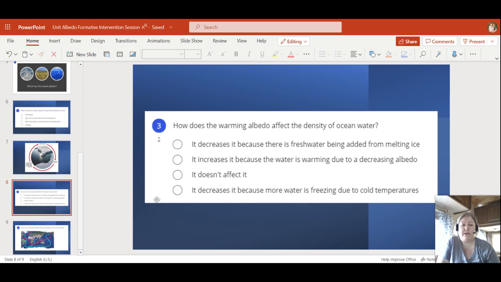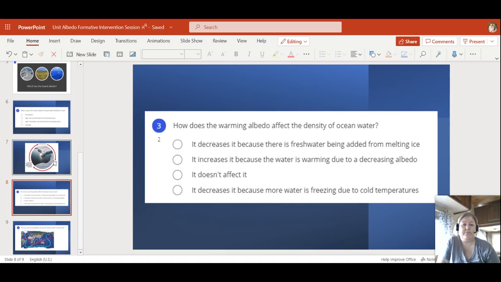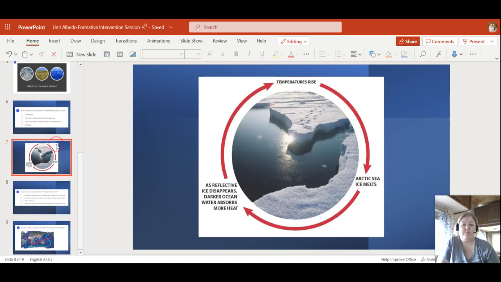So think about this. Let's go back to this picture. It decreases it because there's fresh water being added from melting ice. Okay, fresh water is being added, but does that have an effect with melting the ice?